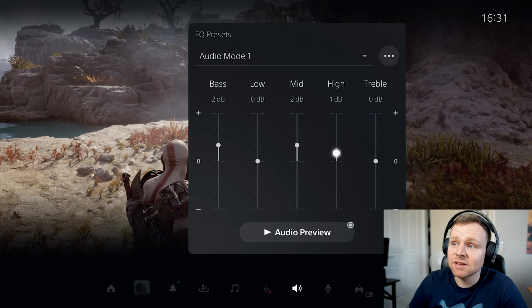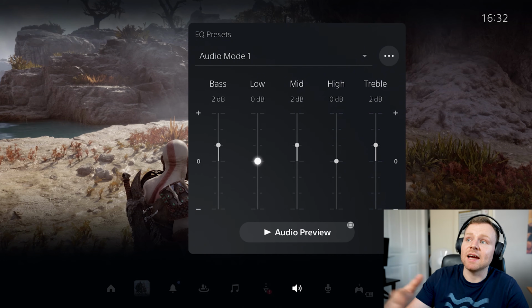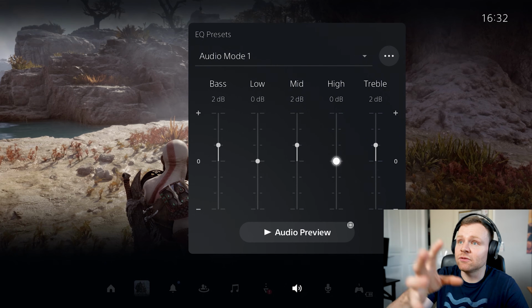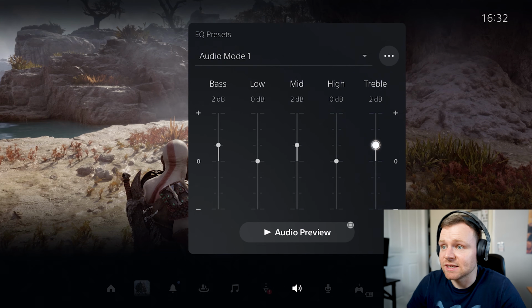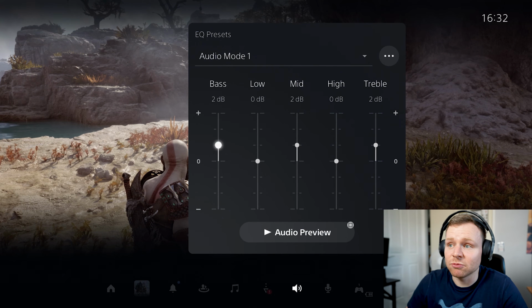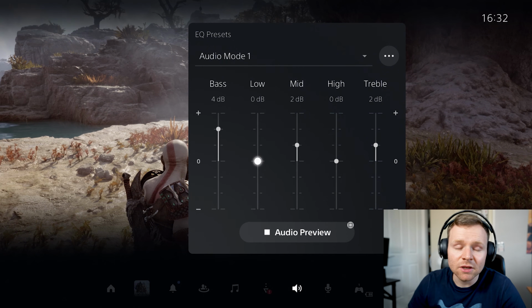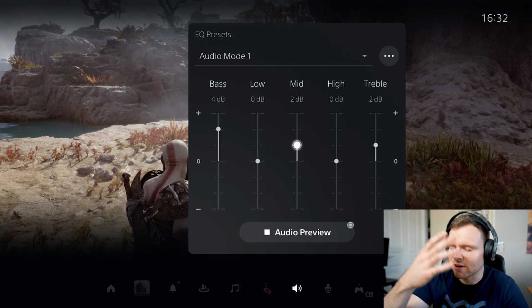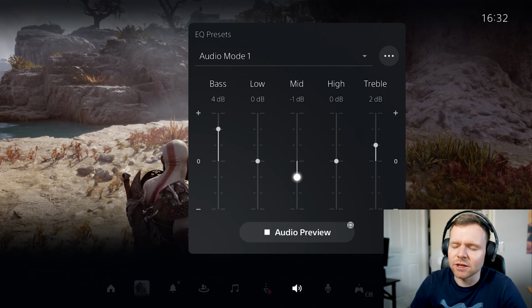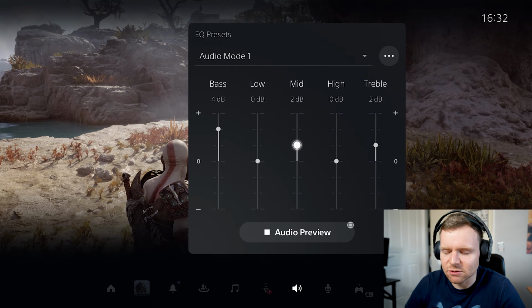Now the highs, pushing those up a little bit, but I mainly find pushing up mainly these frequencies, you'll probably get the best audio out of those, and we could do a little preview test to see if I like it or not. And with the audio preview, you can really find out what you like. You can close your eyes and have a listen and find the good sweet spot.